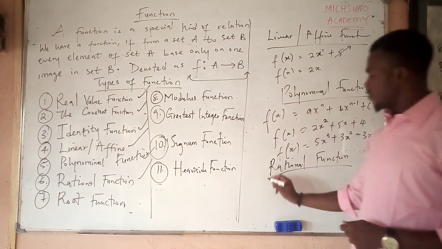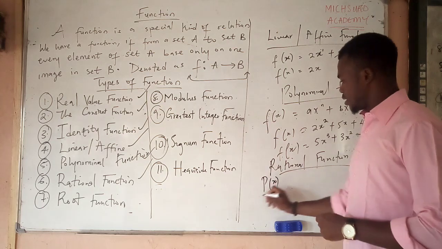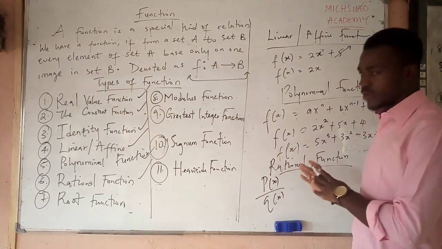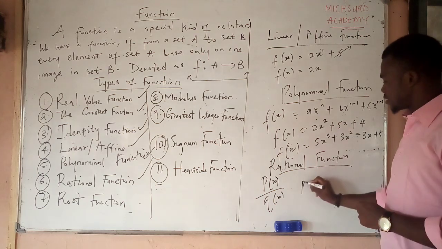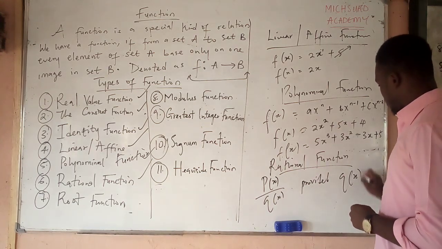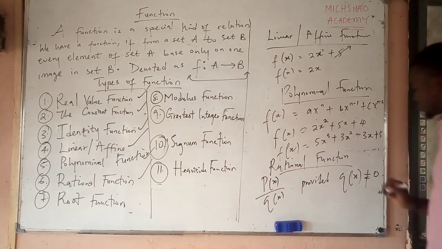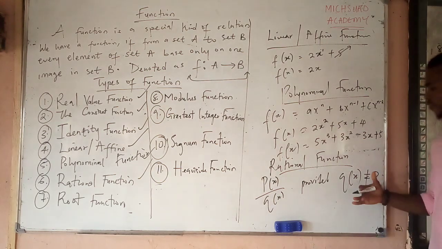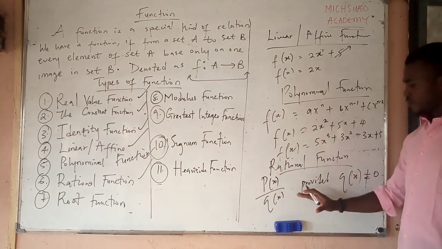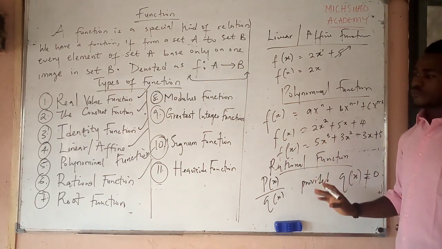So let's say we have a polynomial p of x divided by q of x, which is a rational function, provided that q of x is not equal to 0. So if q of x is not equal to 0, then we have this rational function.